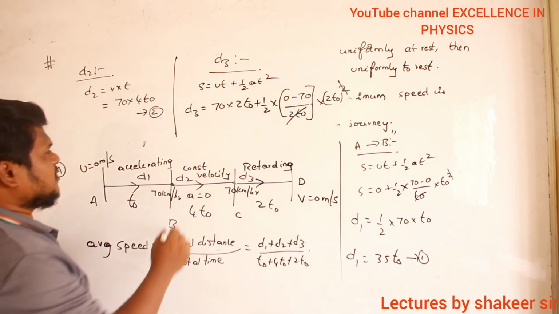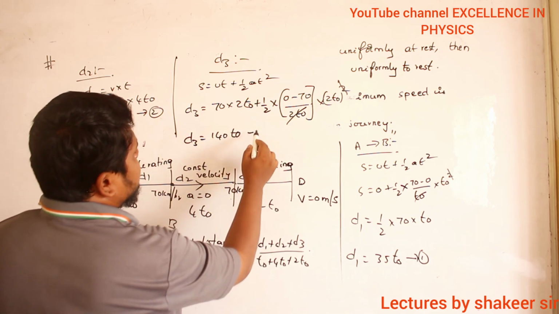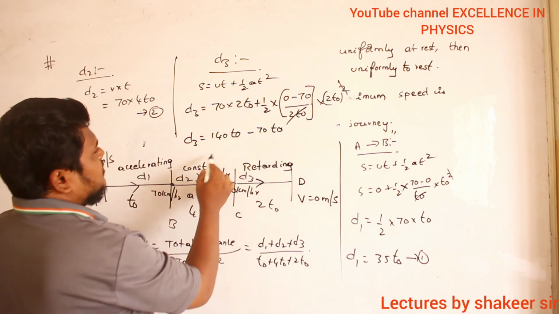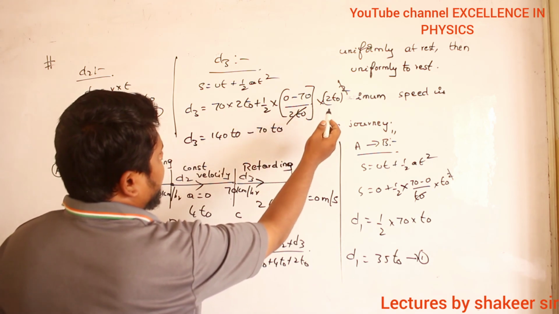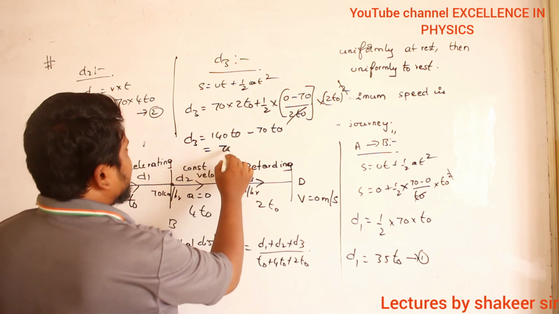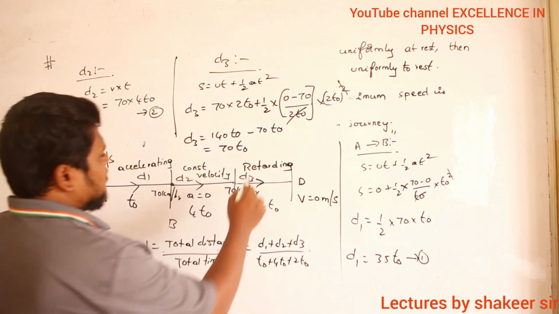Therefore what is the d3 I got? d3 is 140 t naught minus 70 t naught. So 70 t naught only. So this is my third equation.